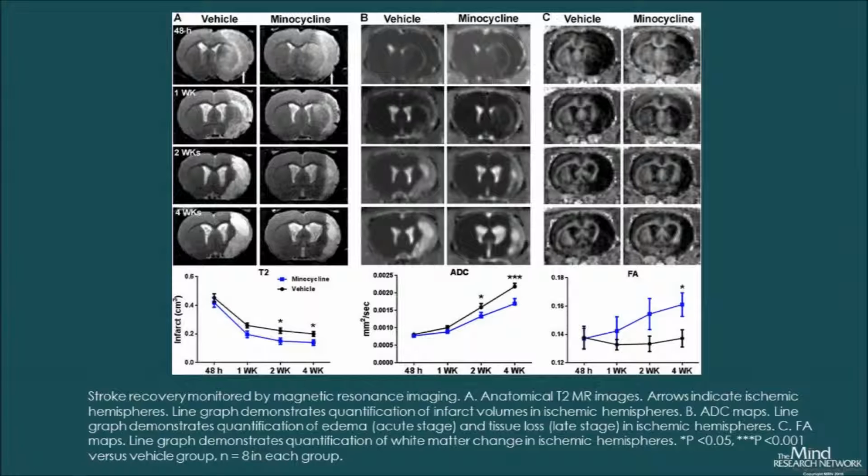Panel B shows ADC maps. According to the line graph and bar, we can see the edema and the tissue loss are all significantly different in the ischemic hemisphere. The FA maps show white matter protection during the recovery stage.